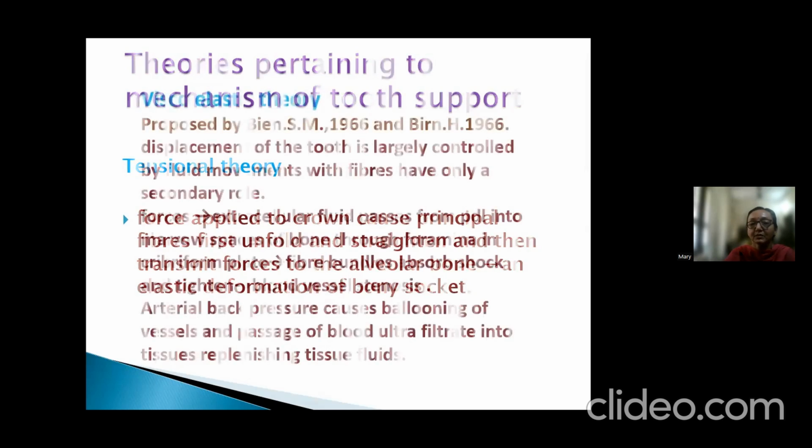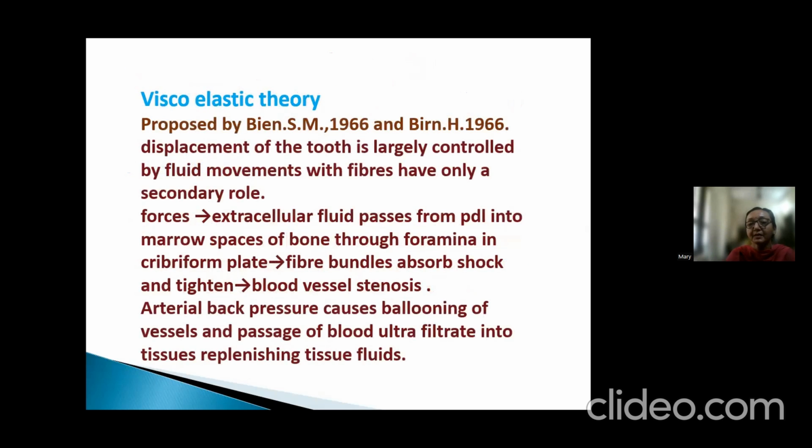And the second theory was the viscoelastic theory, which was proposed by Bien and Byrne in 1966, according to which they proposed that the periodontal ligament was similar to a fluid with fibers having only a secondary role. So when the forces act on the periodontium, the fluid passes out of the periodontal ligament space through the foramina in the cribriform plate, and the fiber bundles will then absorb the shock and they tighten, which in turn will result in stenosis.